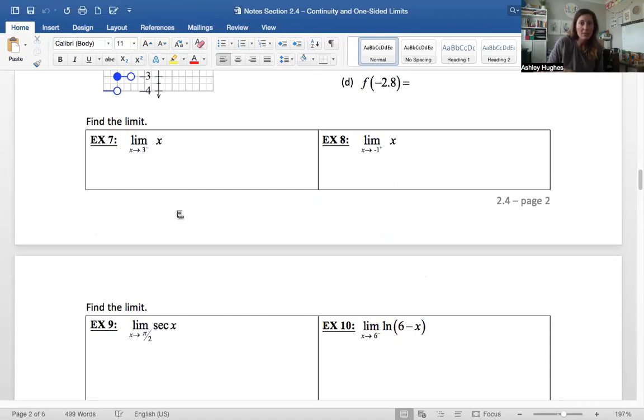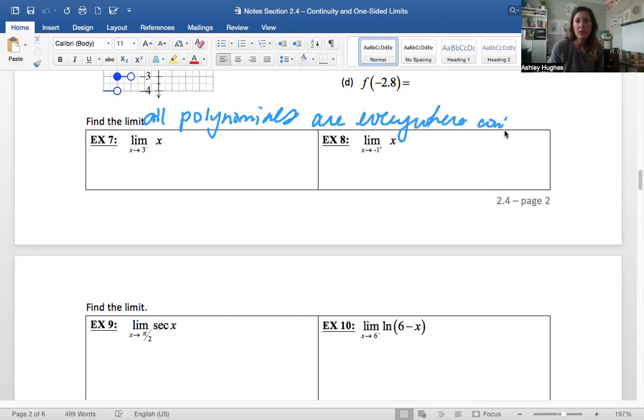This one, find the limit. Okay, so if the function's continuous, you just plug it in. And you know all polynomials are continuous. All polynomials are everywhere continuous. What's a polynomial, you might ask?